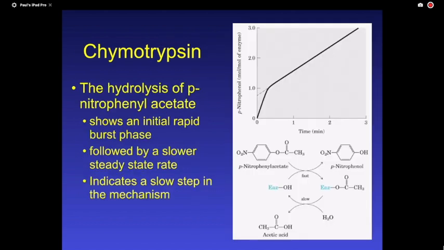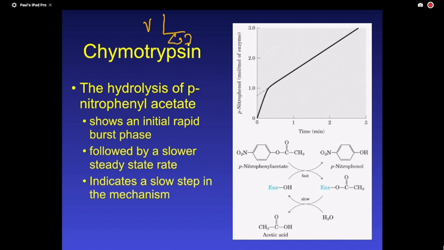Interestingly enough, when we do plots of enzymes, what do we plot most of the time? If I asked you to do a plot, what were the things I said to plot? Velocity over concentration. All right, is this velocity over concentration?